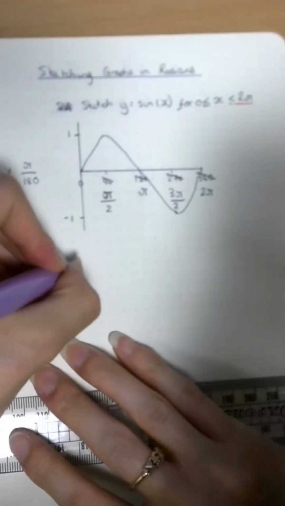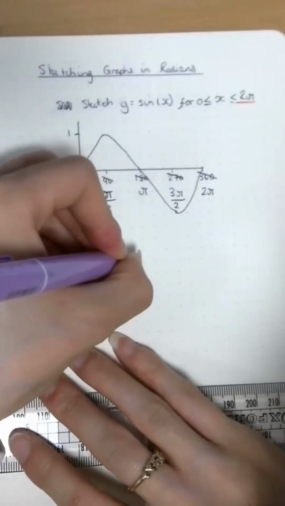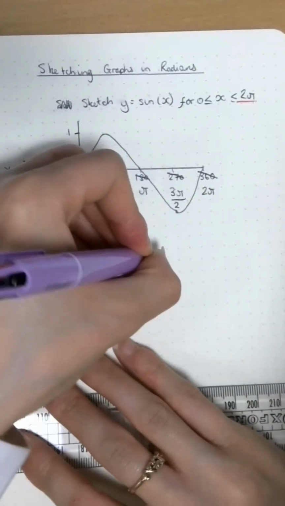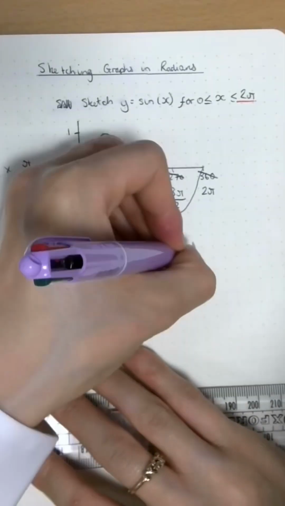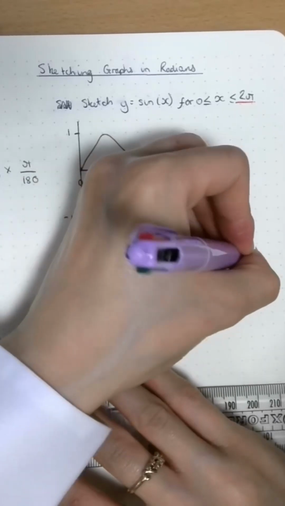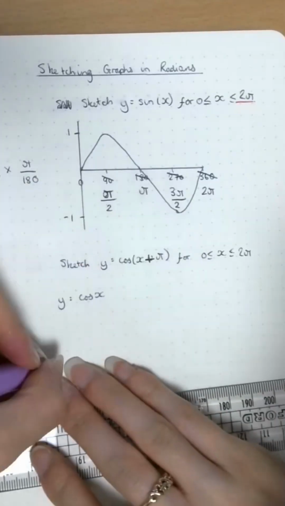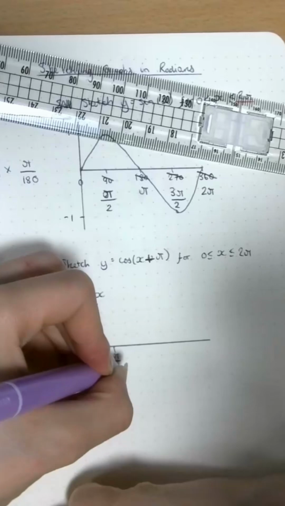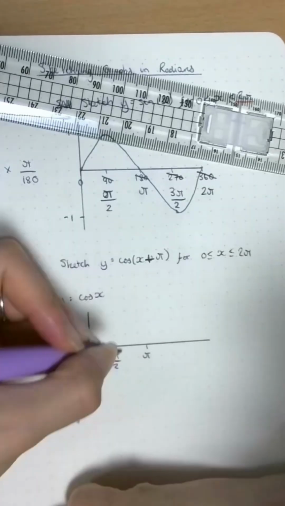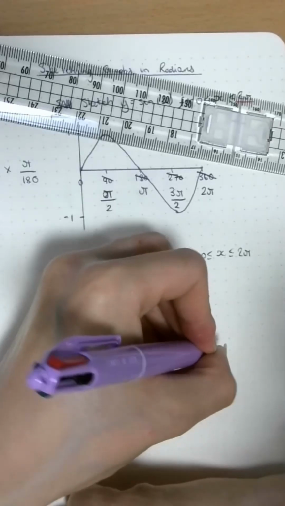So then let's sketch y is equal to cos of (x plus pi), for 0 to 2 pi. So first of all, sketch y is equal to cos x. So pi over 2 being 90, pi being 180, 3 pi over 2 being 270, and 2 pi being 360.